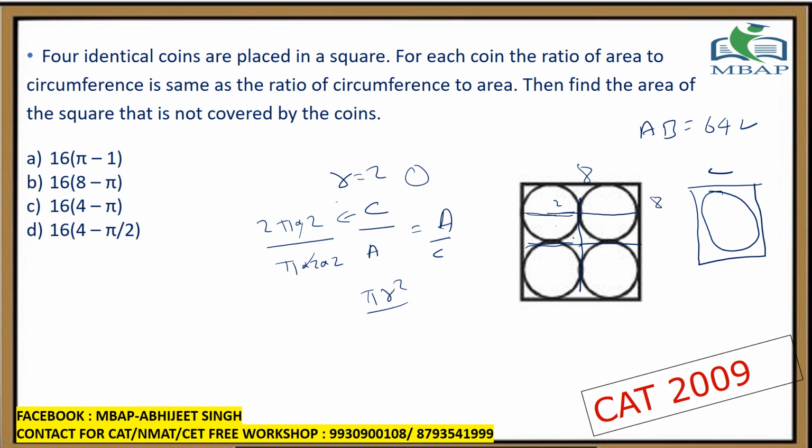And now see the question. The question is, find the area of the square that is not covered by the coins, which simply means they are asking you to find the area of this particular region, this region, this region, and finally this region. So all the region which is not covered by the circle.